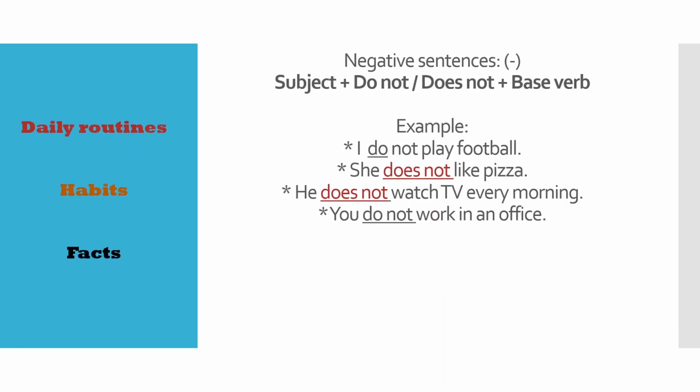Okay, so the formula for negative sentences. Subject plus do not or does not plus base verb. Do and does are helping verbs. They help us to make correct sentences.